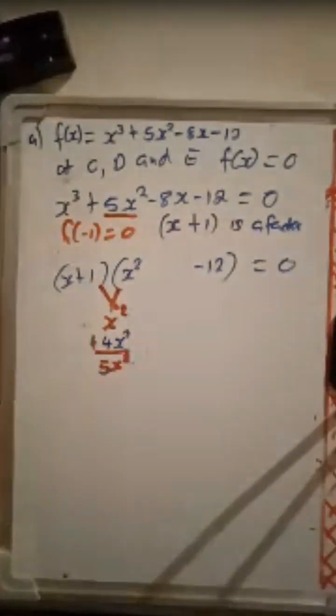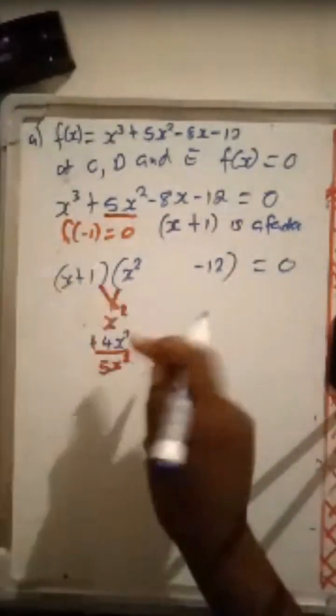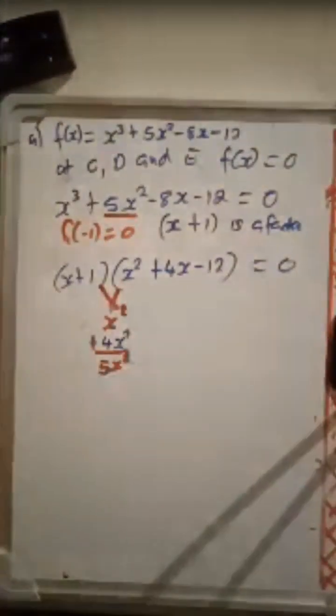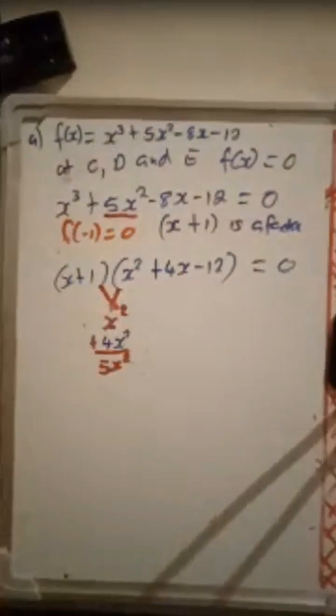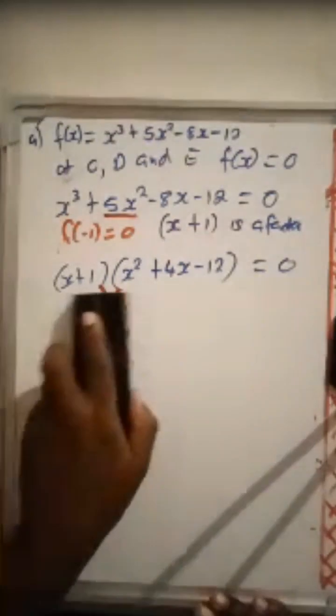Divide that one by x just to remove the square. So it's positive 4x. You no longer put 4x squared because you have to divide by x. We are done with the first part of factorization.